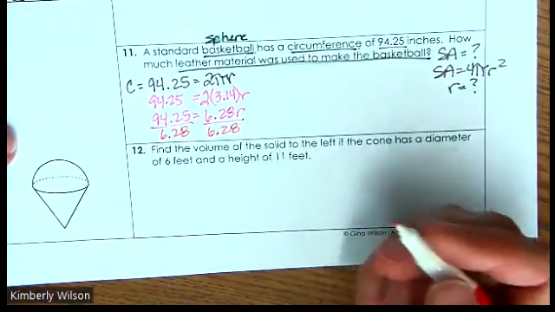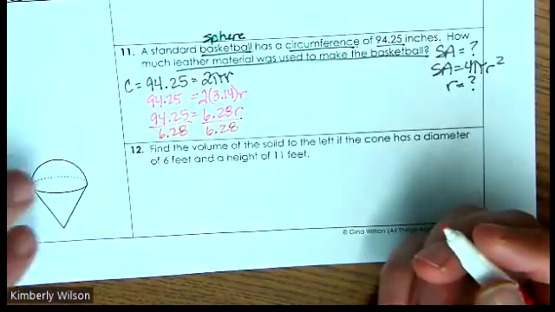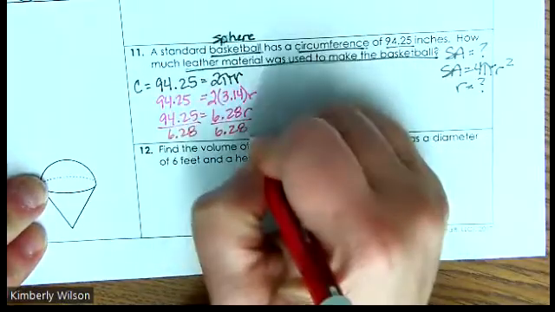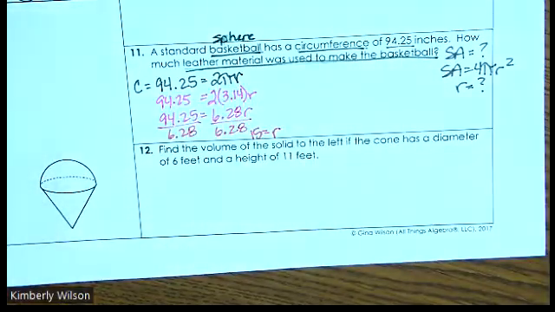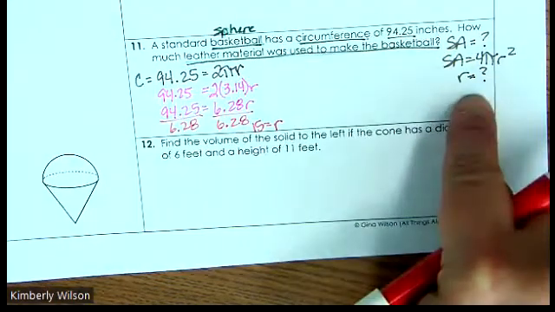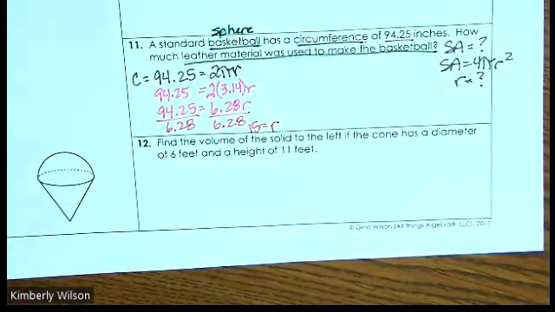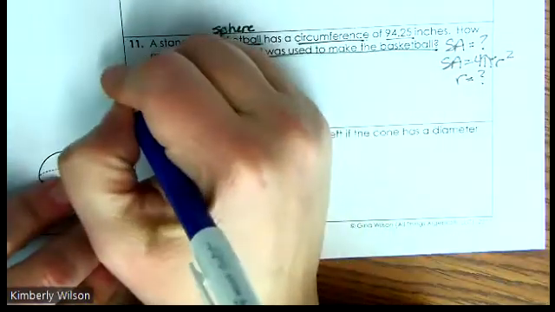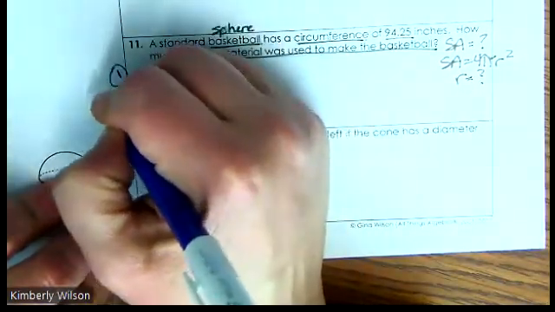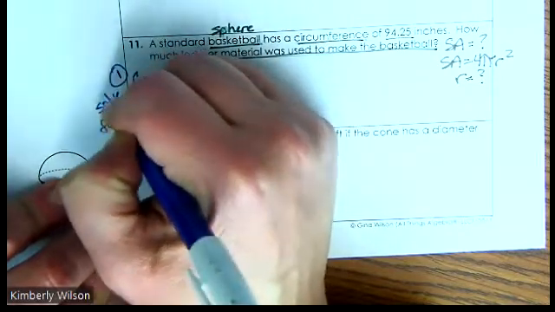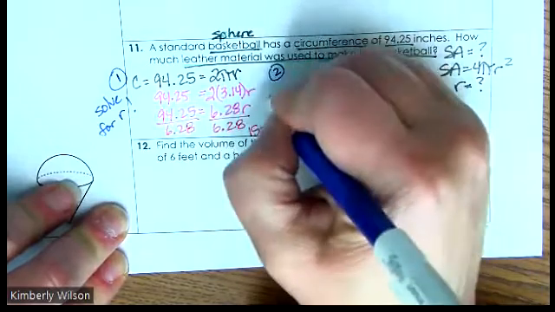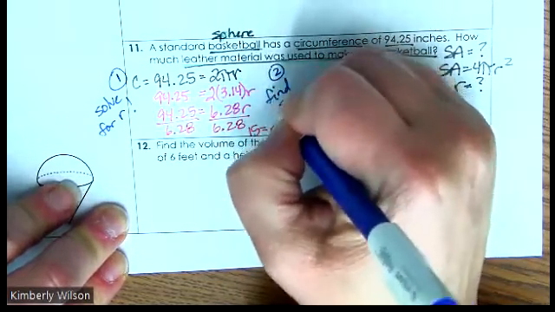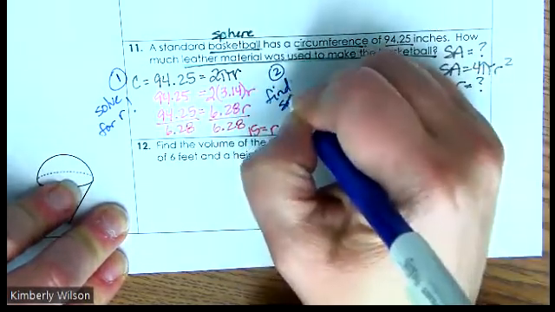Which gives me 15. So therefore, my radius is 15. Well, now that I know the radius, I can plug it in to find the surface area. This is a two-step problem. This was step one, which was to solve for r. Step two is to find the surface area.